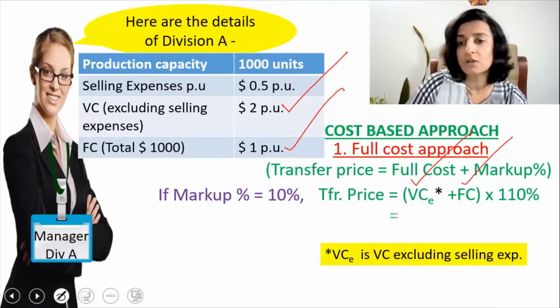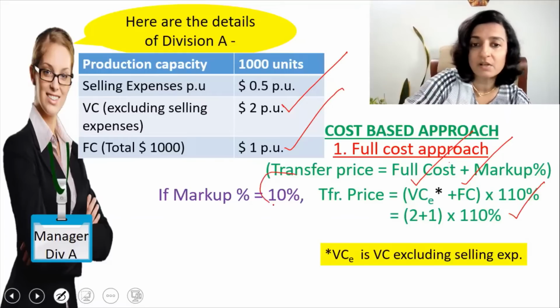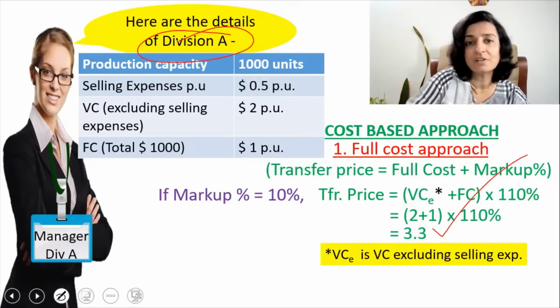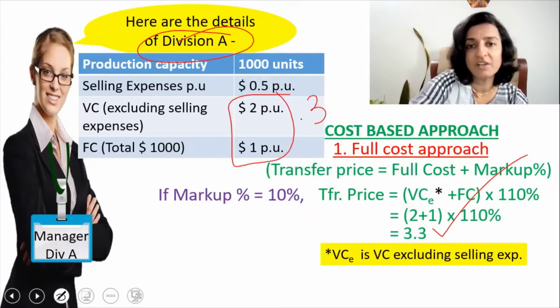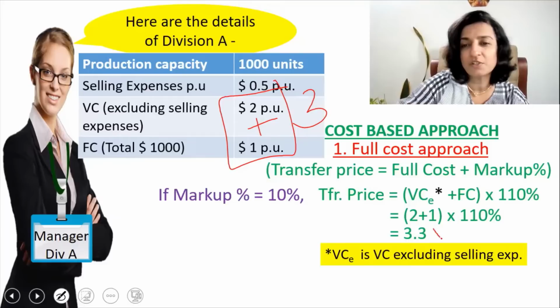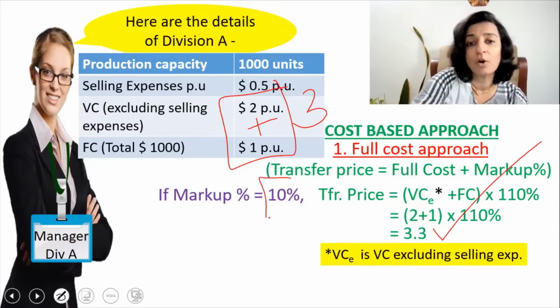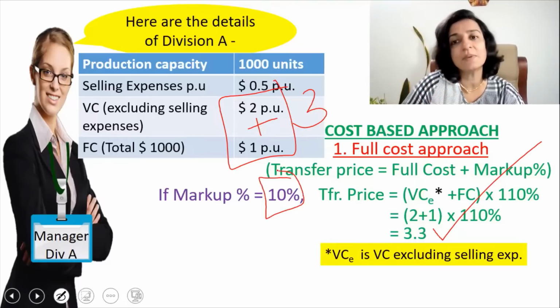So the total cost is 2 plus 1, $3 into 110%. Why 110%? Because the markup is 10%. So the transfer price is 3.3. So division A's total cost is $3, and when it transfers to division B, it transfers at 3.3, making a profit of 10%. So that's the meaning of the full cost approach.